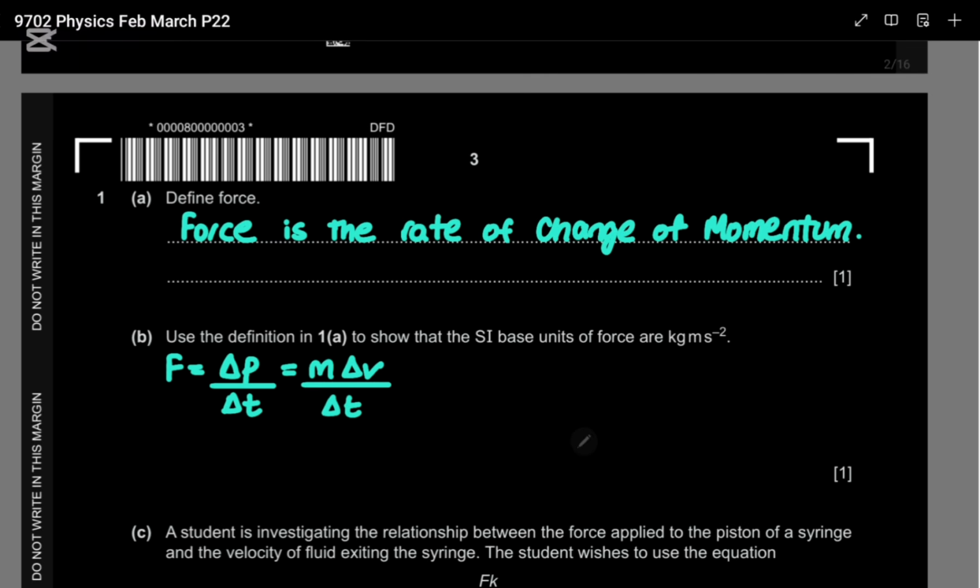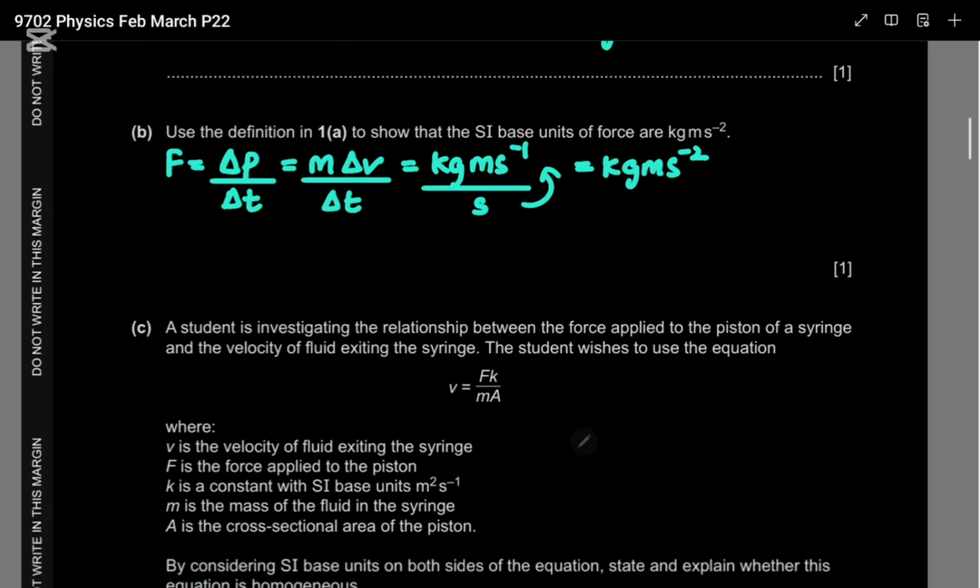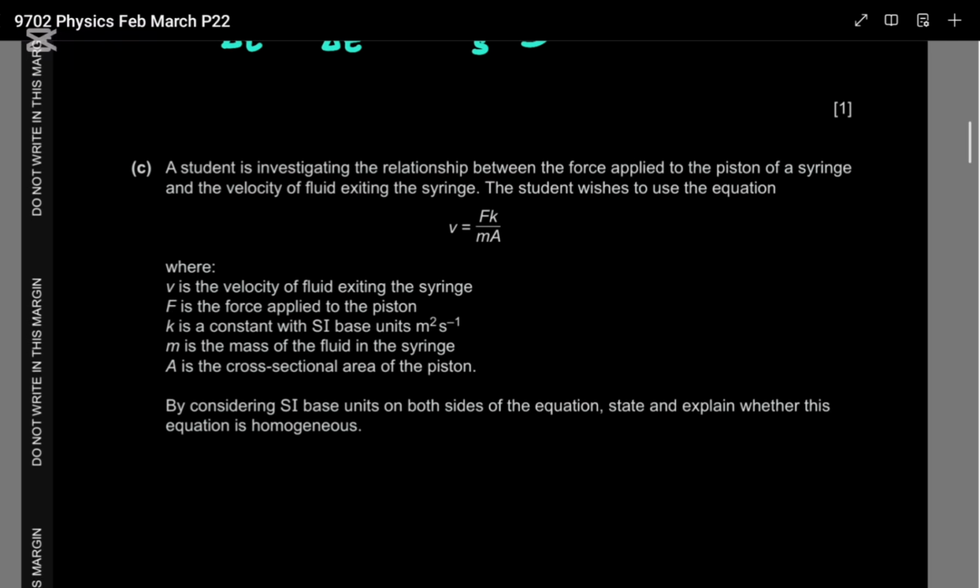Alright. Now in SI base units, for mass it's kilogram, for velocity it's meters per second, time is just second, okay? Now let's move the second up, okay? Now this becomes kilogram meters per second squared, alright? So hence shown.